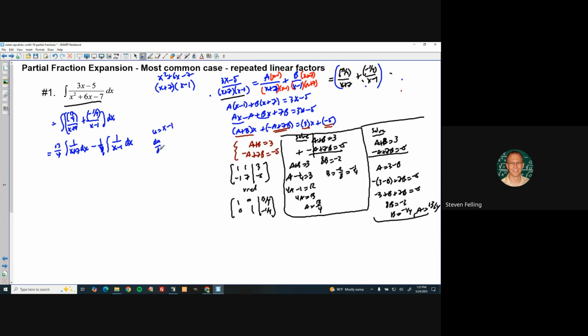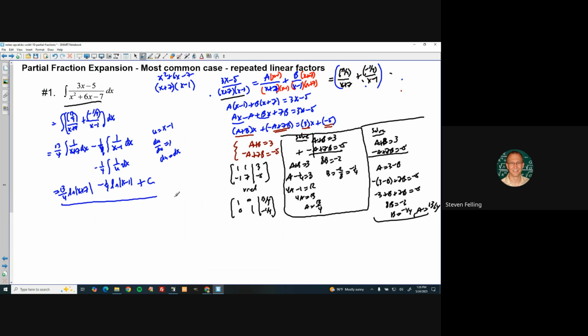The derivative is 1, so du equals dx, and that makes this negative 1/4 integral of 1 over u du. But that makes this negative 1/4 natural log of the u, but the u is the x minus 1. So as long as this is just an x, the result of this integral is just the natural log of that denominator. And we add c, and we're done.